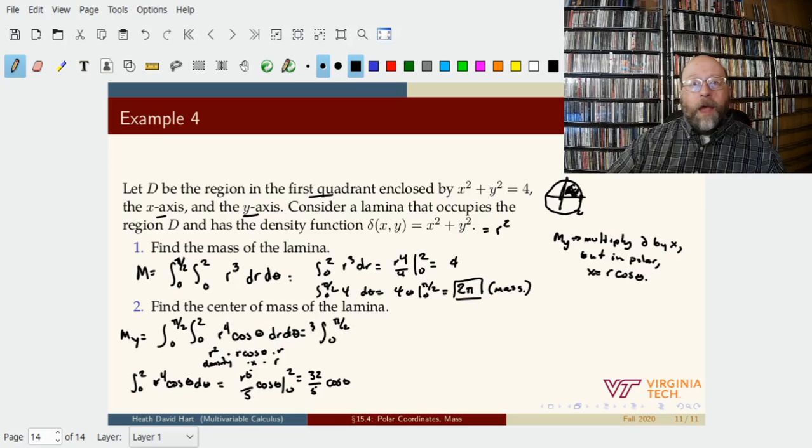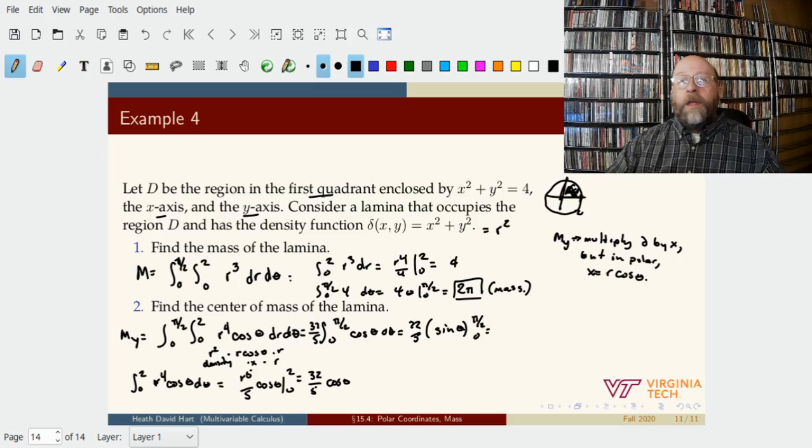I'm going to take the 32/5 on the outside, cosine theta. The integral of cosine is sine. So 32/5 times sine theta, evaluated at pi over 2 and 0: sine of pi over 2 is 1, sine of 0 is 0, and so we get 32 over 5. Okay?